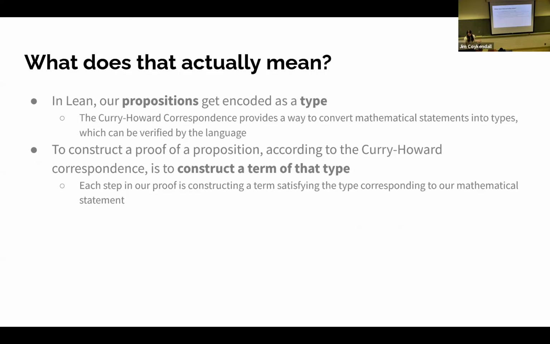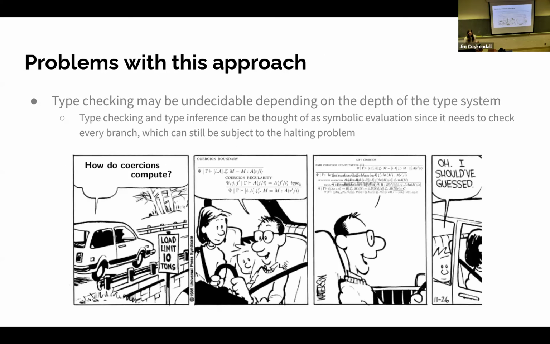And the issue with this approach to formalizing our mathematical statements in this way is the halting problem, which is a big deal if you really think about it. Type inference and type checking a program is like going through and symbolically evaluating a program, since we have to step through every possible branch of the program. And that is subject to the halting problem, because you're going through each branch of the program and checking that it returns a value of some type, or basically that it will halt.